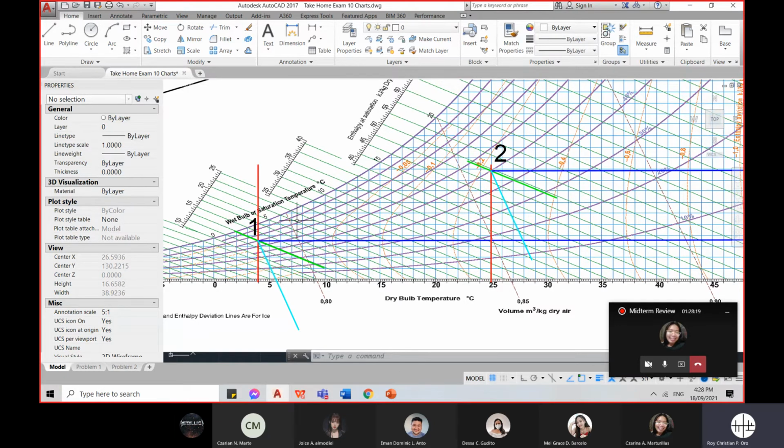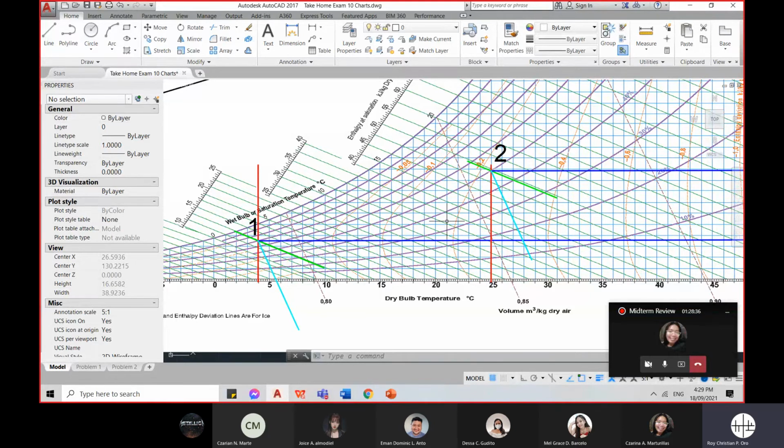So what do we usually need to solve adiabatic mixing? Usually there are only three. The first is the specific enthalpy.